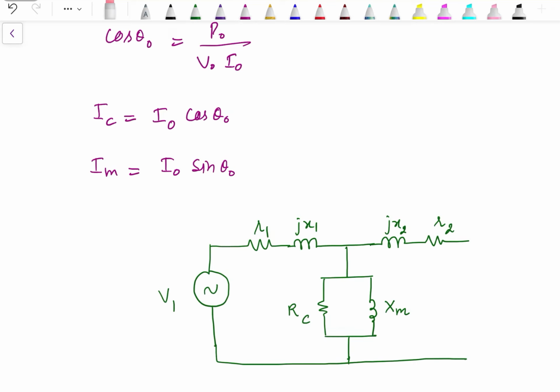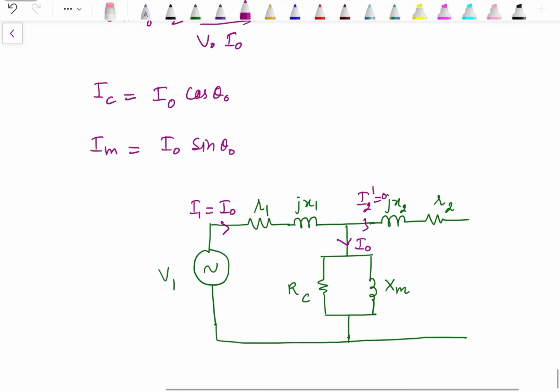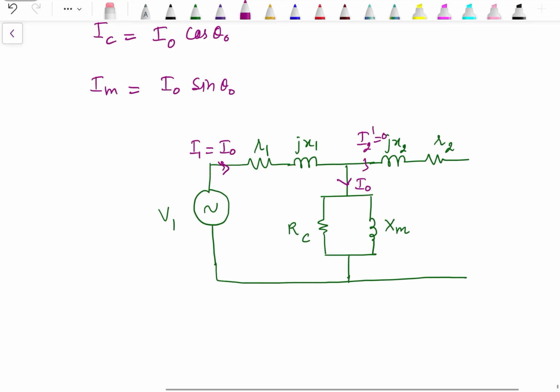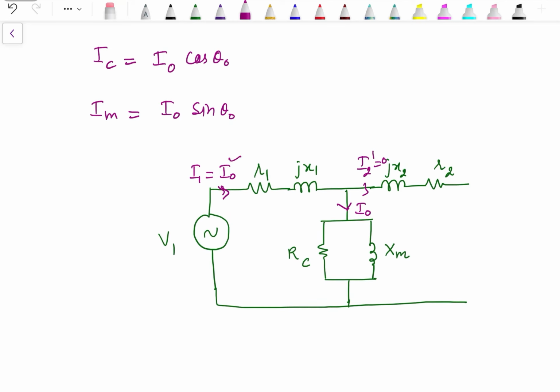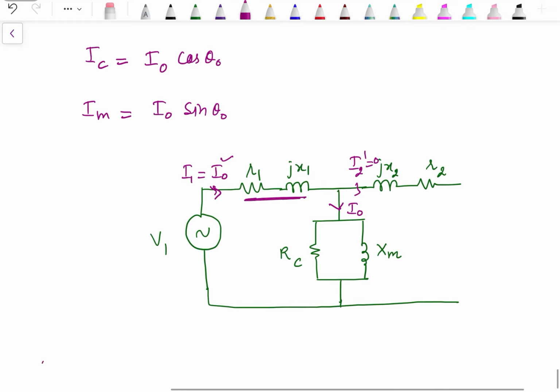So this is how it looks. So R2 dash and jX2 dash are not having any impact. The current which is flowing in the circuit is I naught over here. So this is equal to I1, since I2 dash is 0.